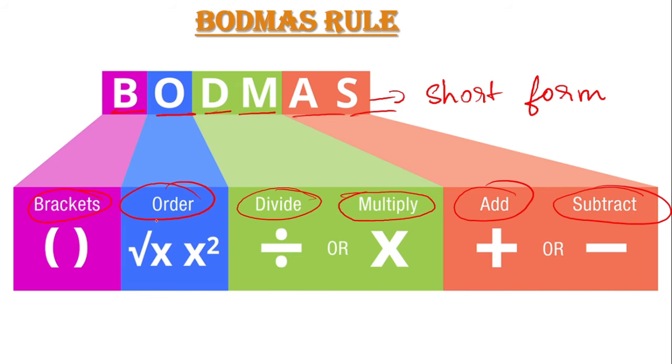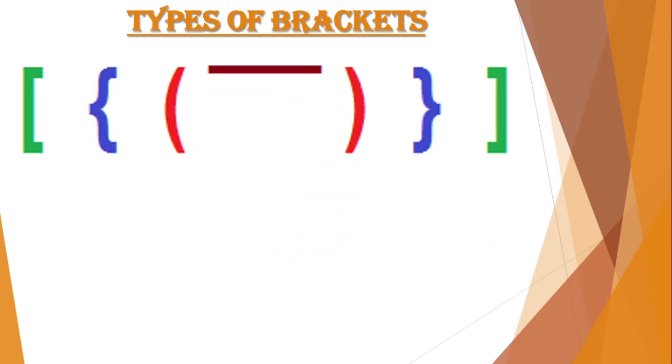So this order, as you all can see, you will be learning in higher grades. You can see this is the thing which BODMAS represents. Now there are different types of brackets. We should learn the types of brackets, and let's see a small example of how to solve the brackets.